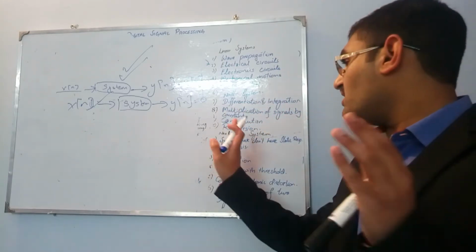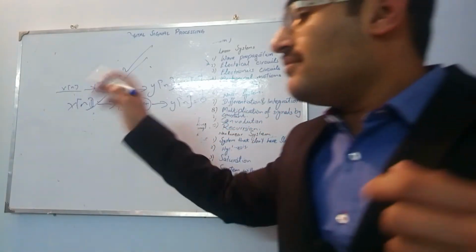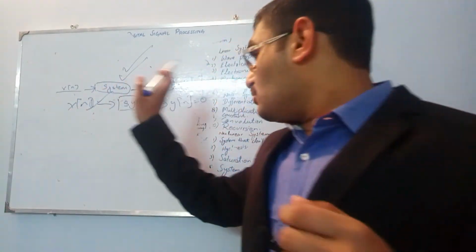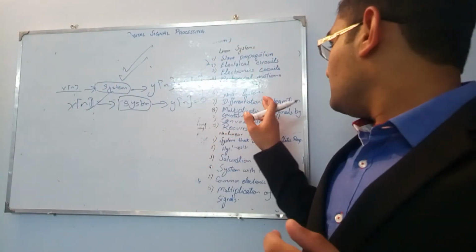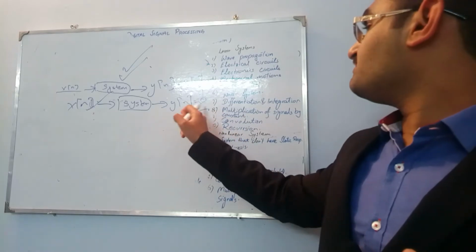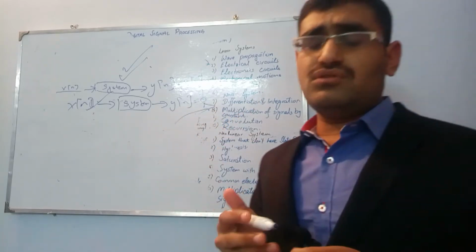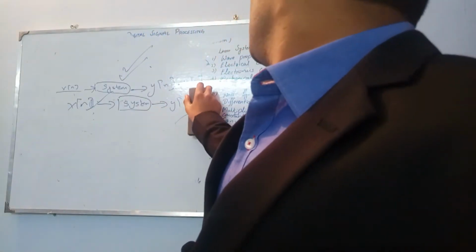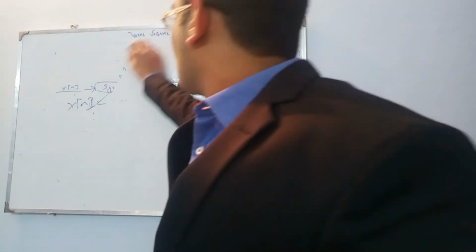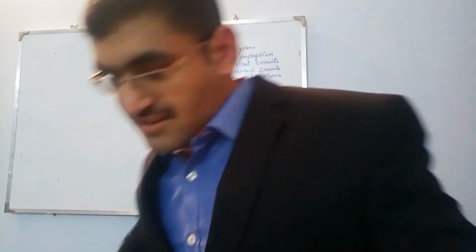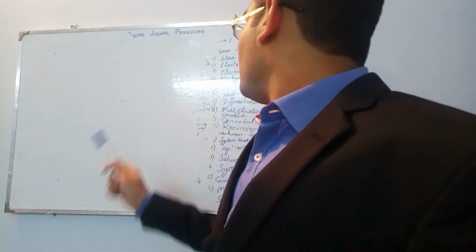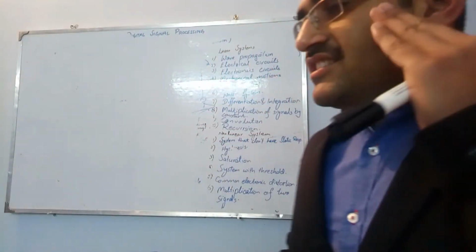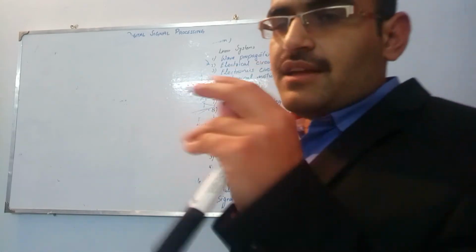Multiplication of a signal by a constant, as I have told you, homogeneity is the example of this one. Convolution. What is convolution? Convolution is the sum of shifted scaled versions of inputs.